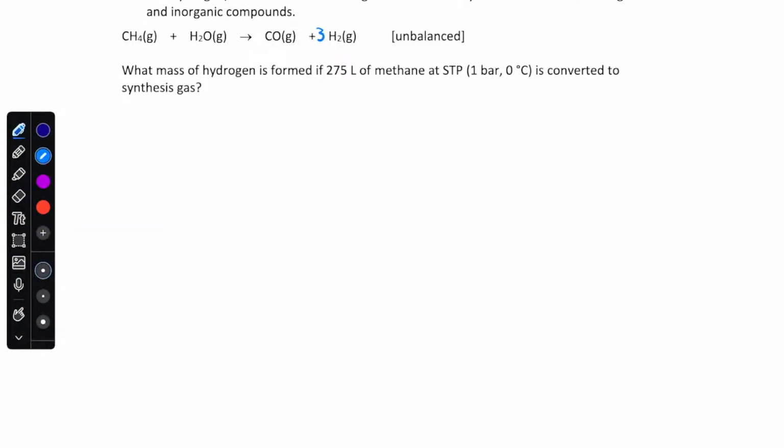All right, so what we're going to do here is figure out how much hydrogen we get. We're going to get the mass of H2, and we're going to get that from the moles of H2, and we're going to get that from the moles of CH4, which we're going to get from the volume of CH4. So volume can be converted to moles using PV equals nRT.